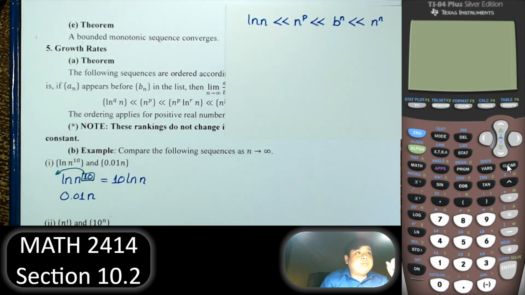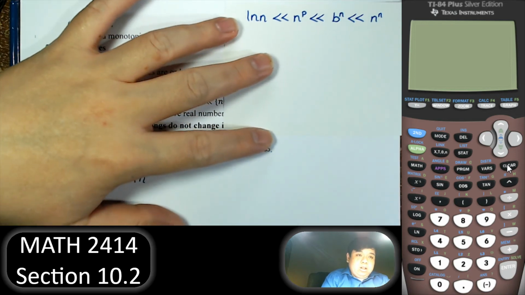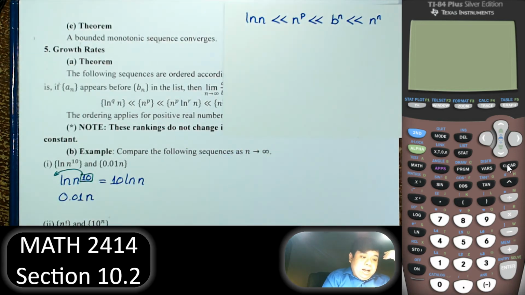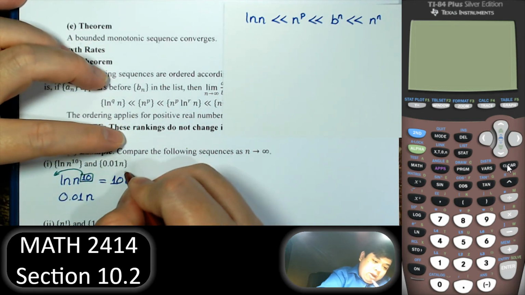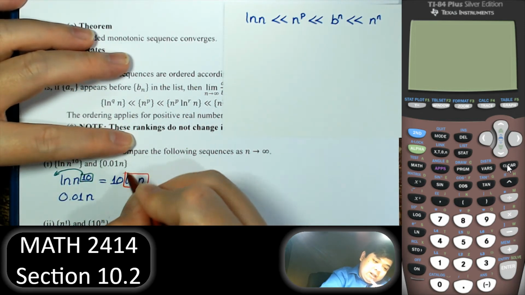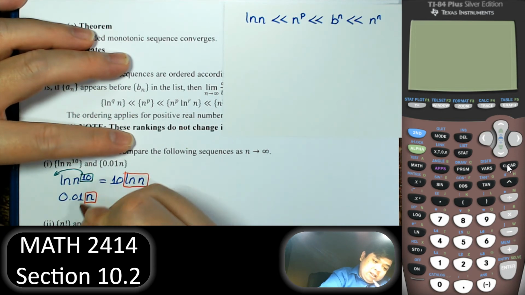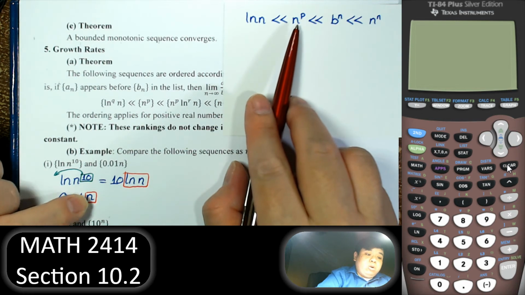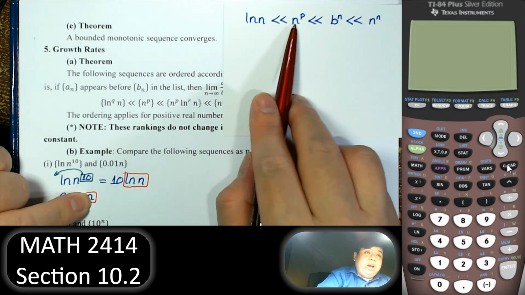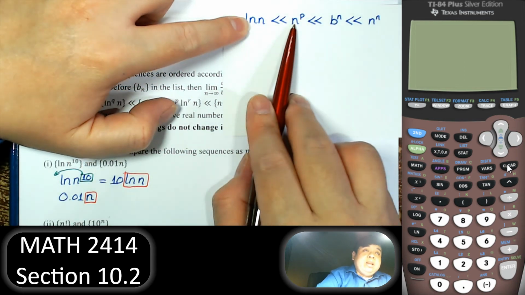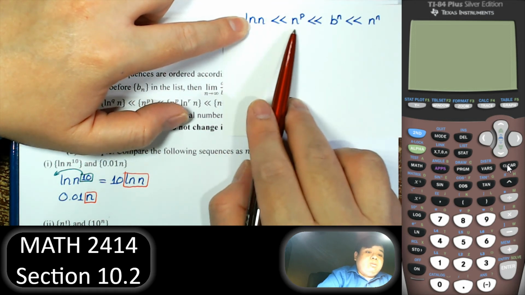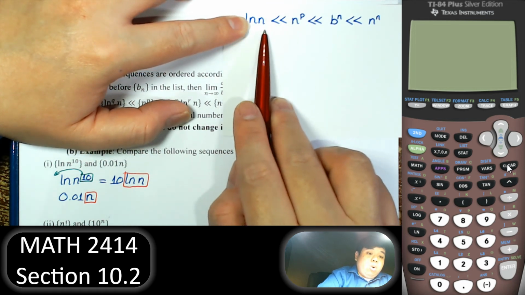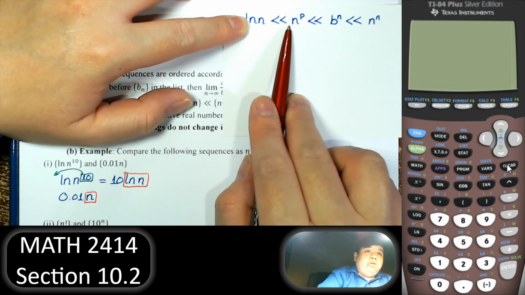According to the theorem, the constant in front does not actually affect the ranking. So now we just compare ln of n and n. And we know that n to the p is the power function. If we choose p equal to 1, we have that. And then we have ln, and ln is significantly slower than the power function.